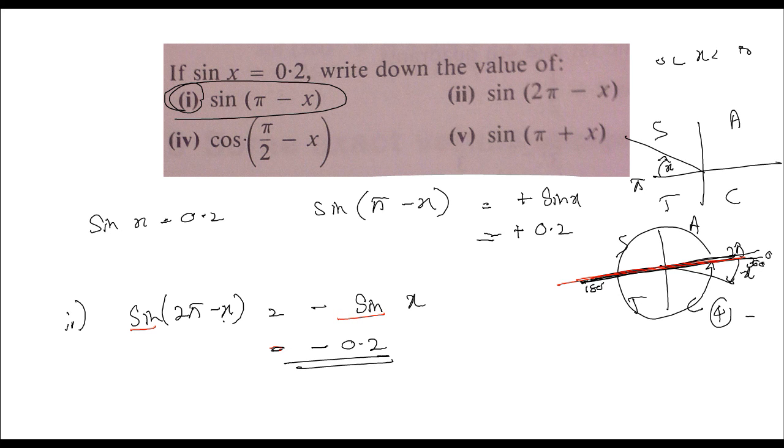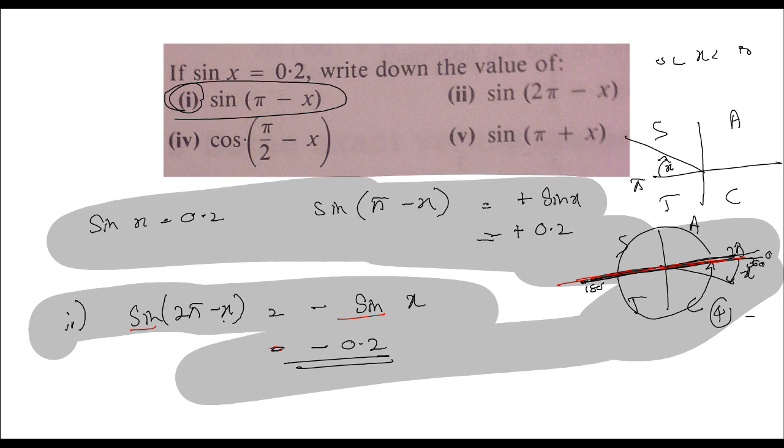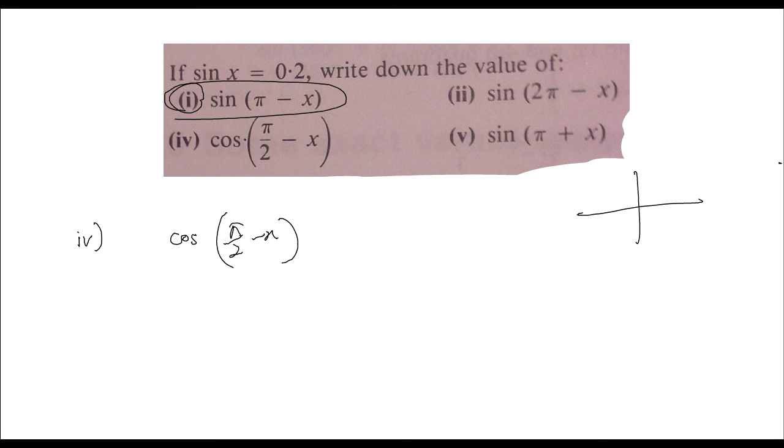Right? Okay, now let me clear that up again and let's do it. Now let's do this cos pi over 2 minus x. Now that's interesting because we are using a rule that we already know. That's 90 minus x, right? This is 90.